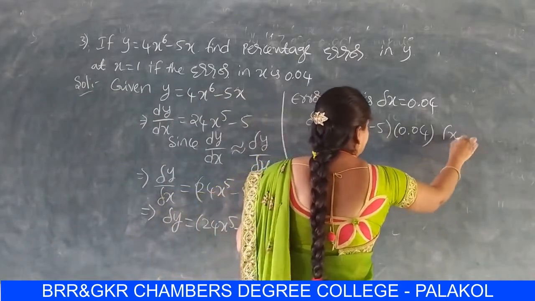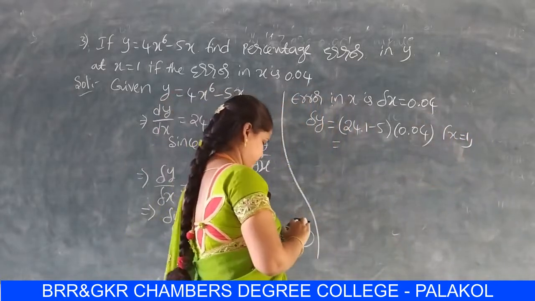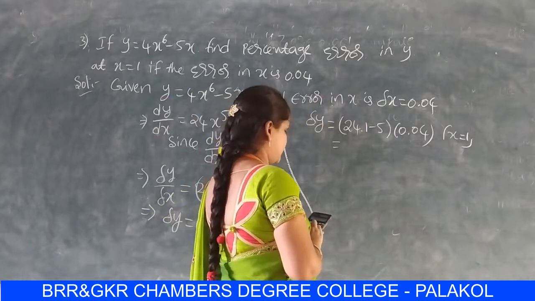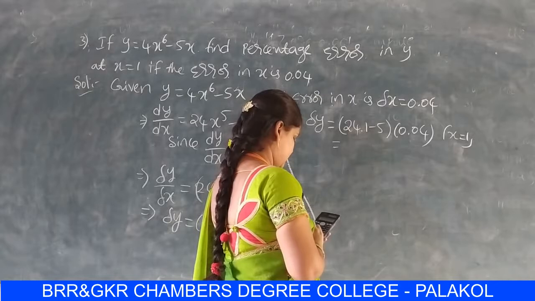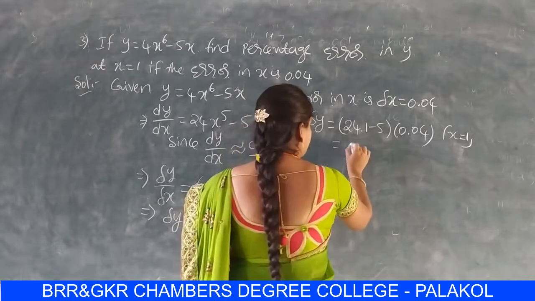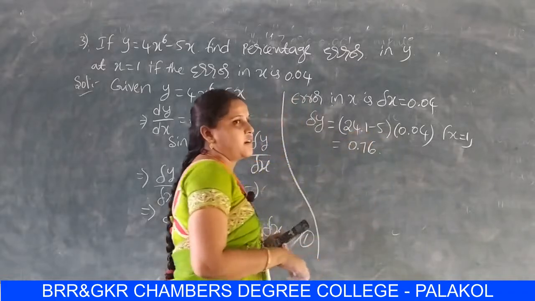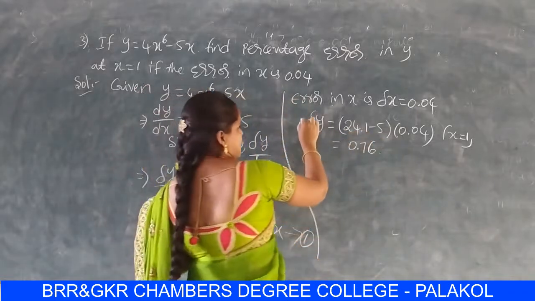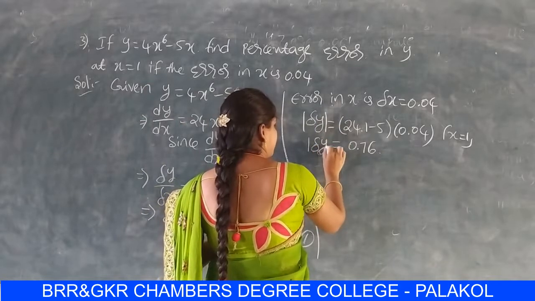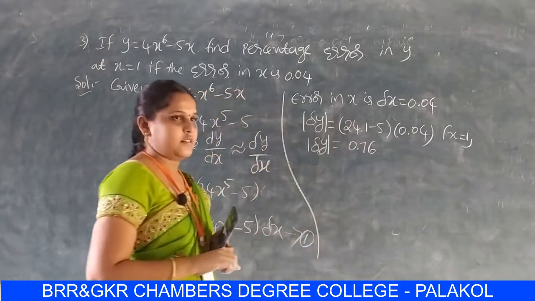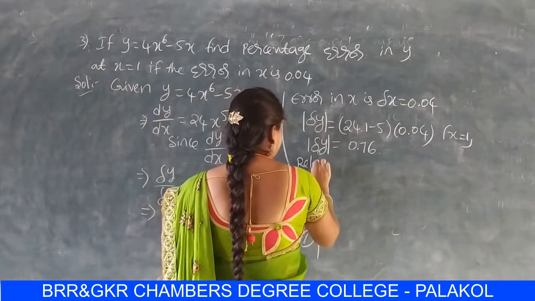Since at x is equal to 1, 24 minus 5 is nothing but 19, 19 into 0.04 is nothing but 0.76. This value is known as absolute error. Absolute error indication is the modulus of the maximum of absolute error. Now next, relative error.